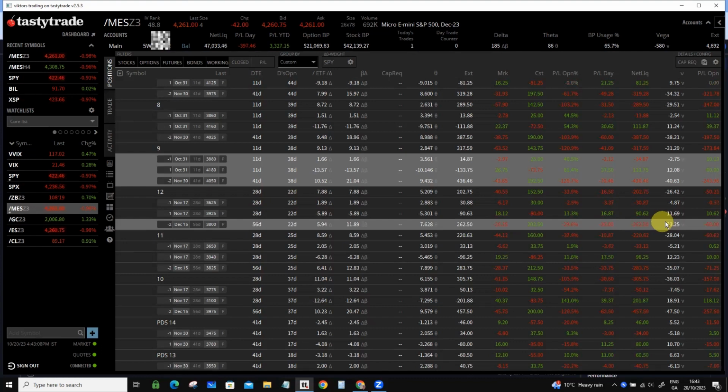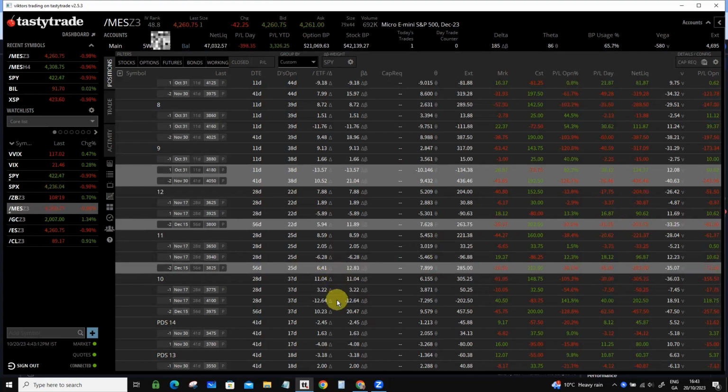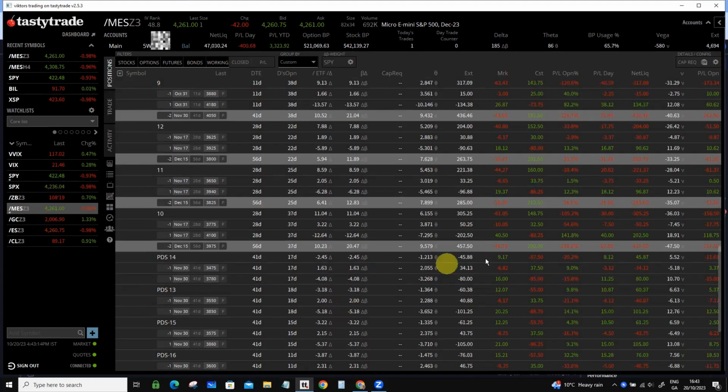This one is not showing too much loss, $60, so not a great example. Let me see, we'll find something. All right, this one here is a little bit better. You see, this one is bringing it from a $256 loss on the naked puts down to 157. So taking basically $100 off of that loss at the moment.